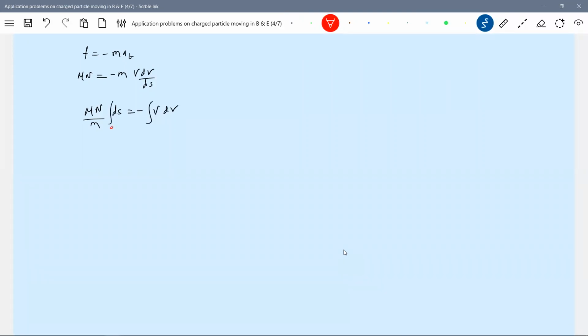Initially the velocity is v naught, and finally it will come to rest. The total path length, let me call s. S is not displacement, this is s only. So this will become mu N s equals m v square by 2, from v naught to 0.